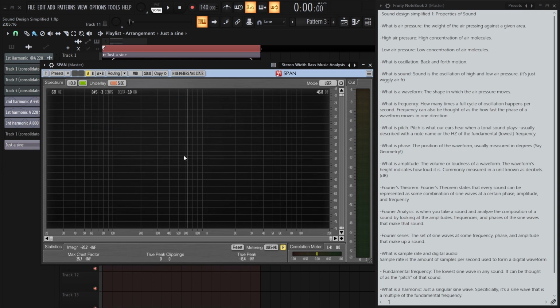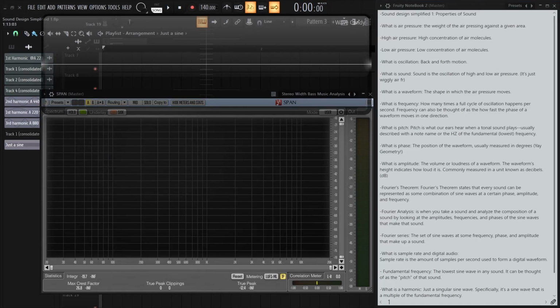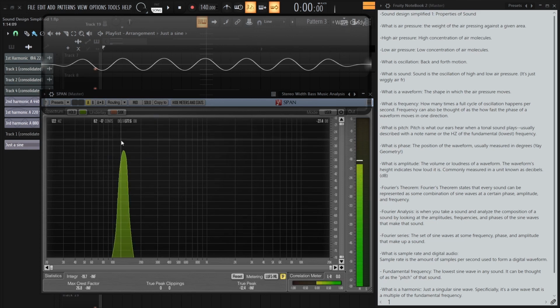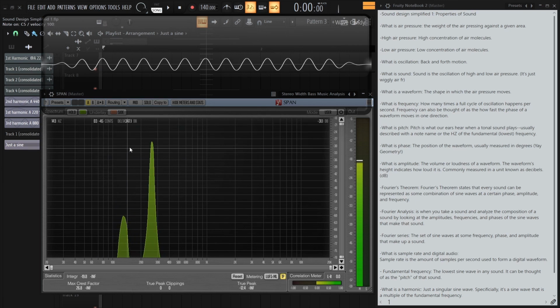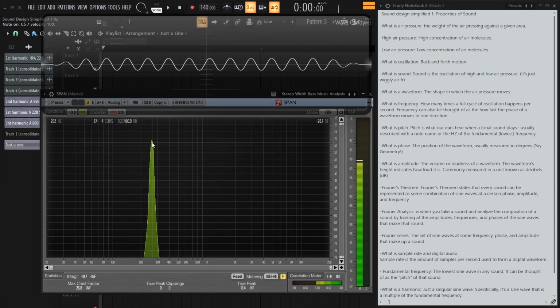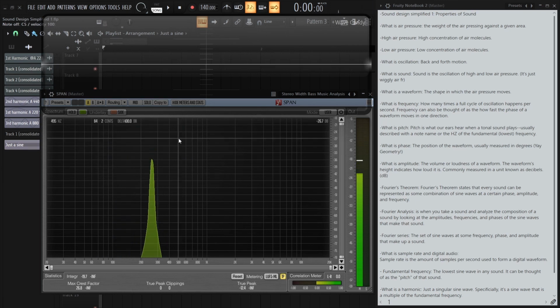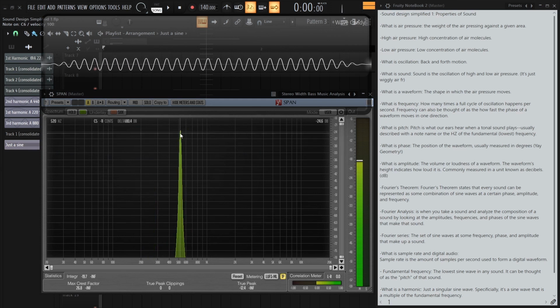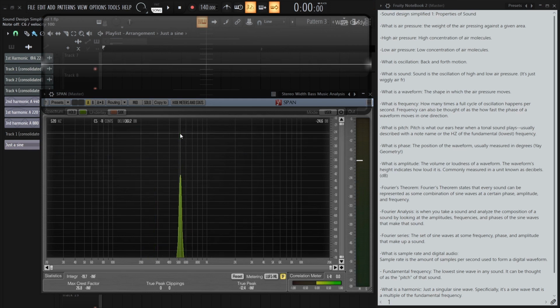For more clarity, I'm going to play a sine wave at 3 different frequencies from lowest to highest so you can have a better look at what's going on. So I'm going to bring the volume back down.